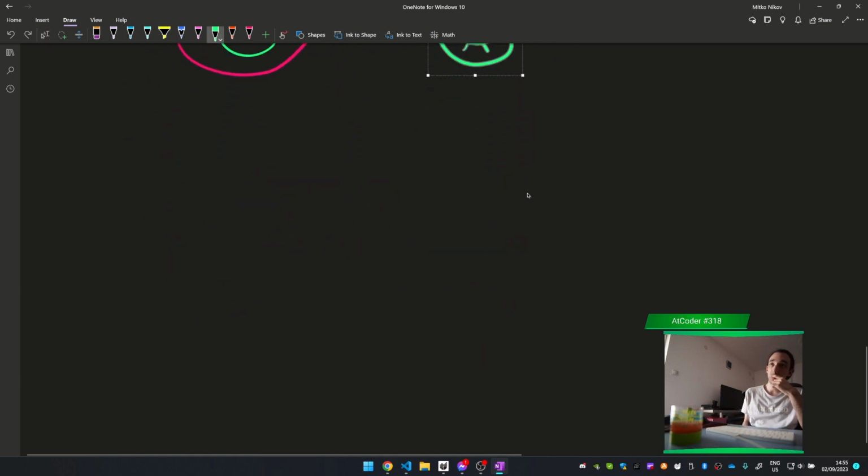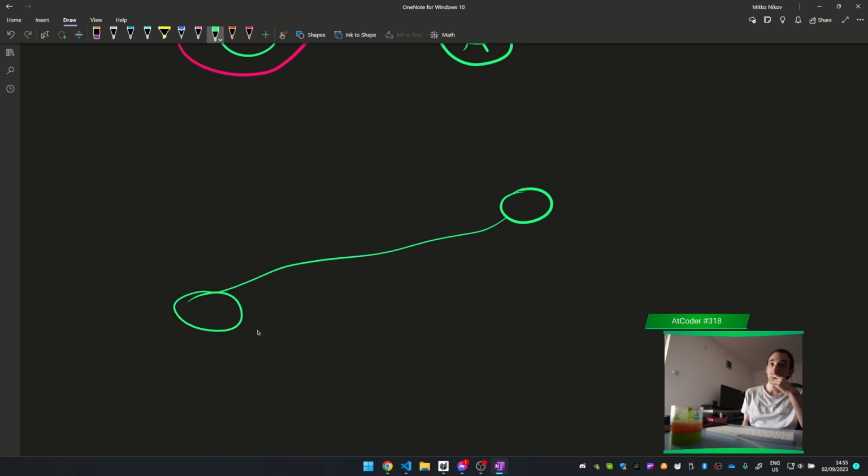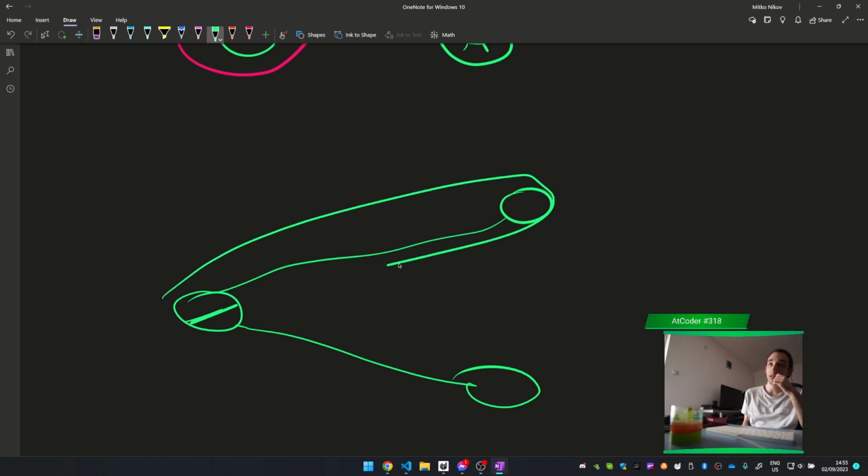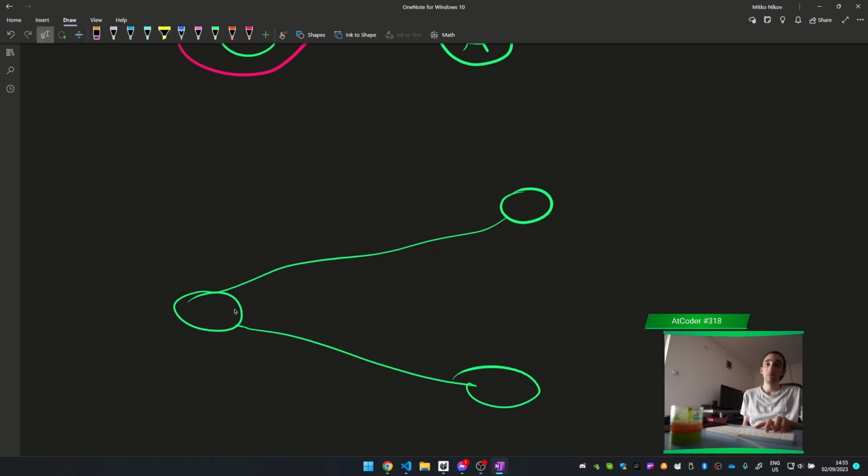Is it possible that C and A could be something like this, though? It is possible, right? B would be connected to A. So this is possible as well. It could have articulation points here, but still there's a simple path because there's no intersection.